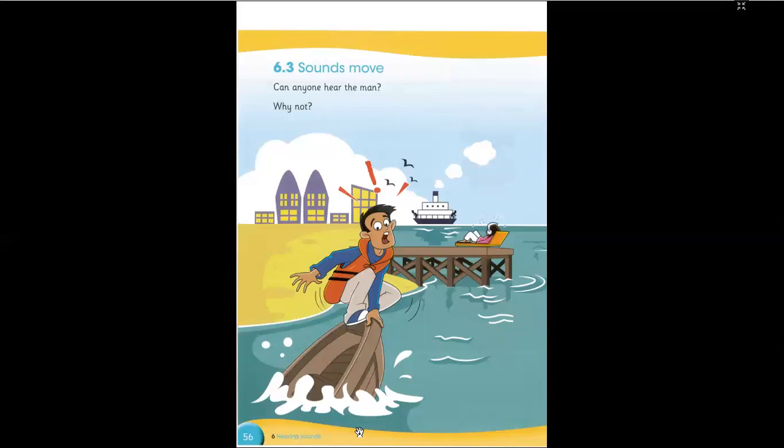The sound is moving, reaching towards her, but the sound that is near to the girl is so loud that she cannot hear the shout or the cry of the boy because she is listening to the music.